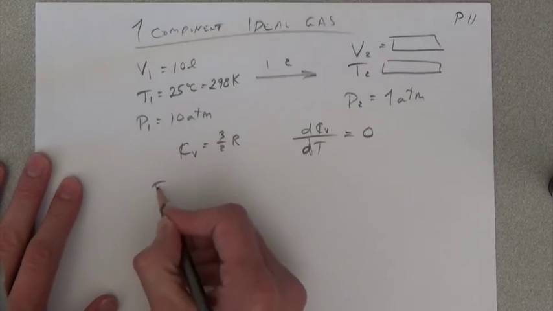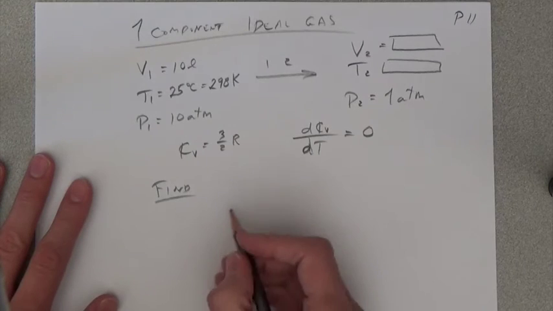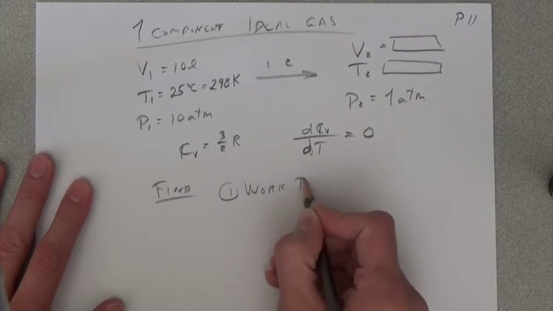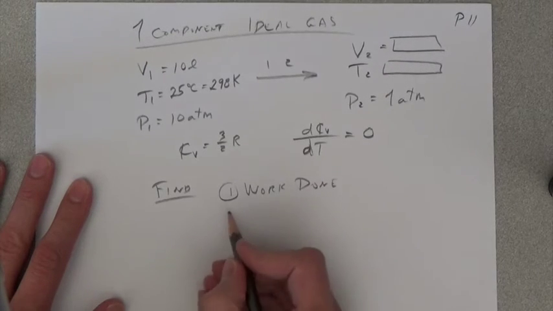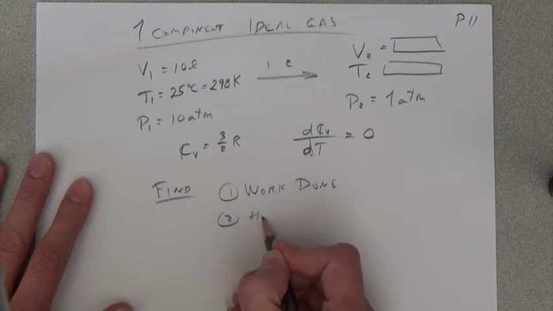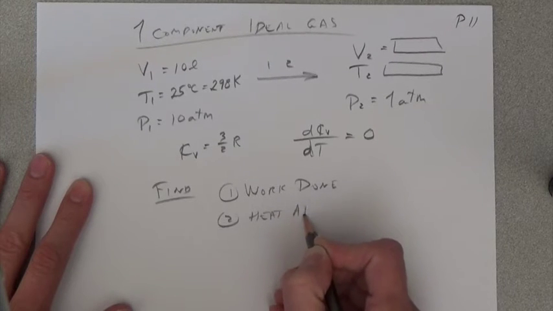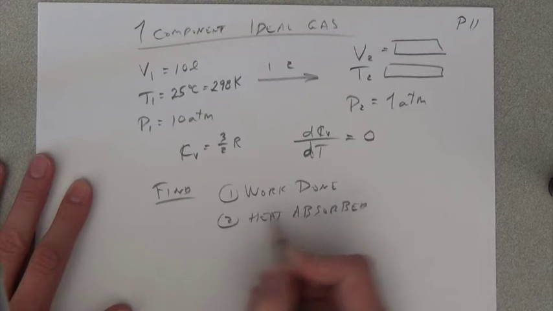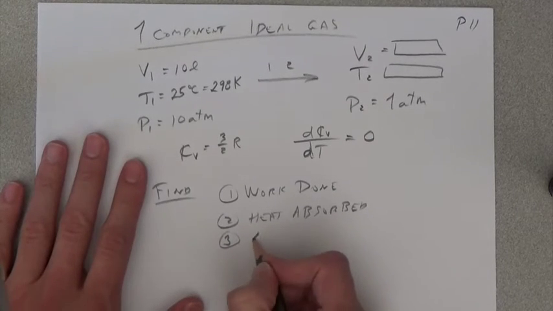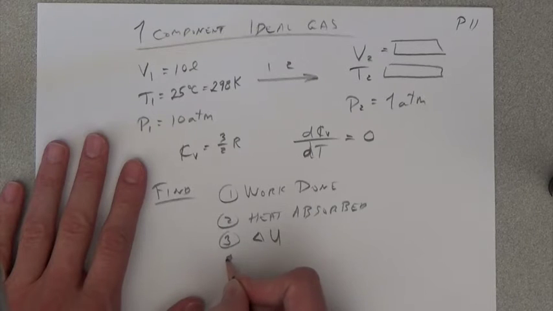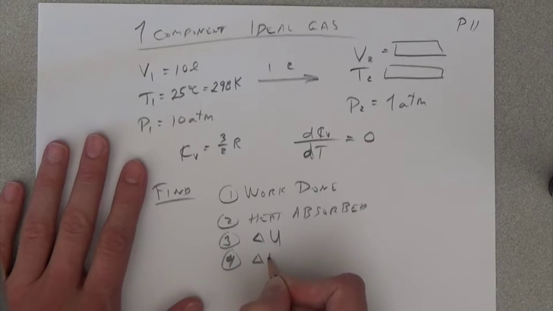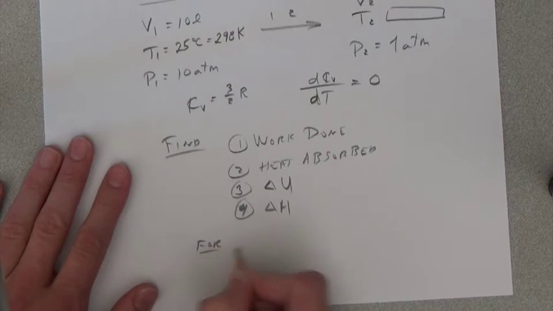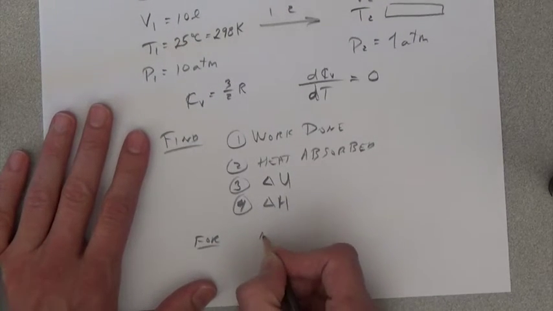And we're going to say, find the work done, the heat absorbed, the change in internal energy, and the change in enthalpy for the following conditions.